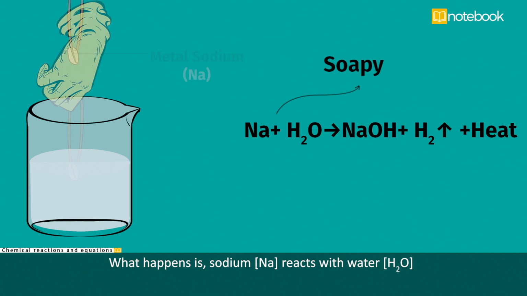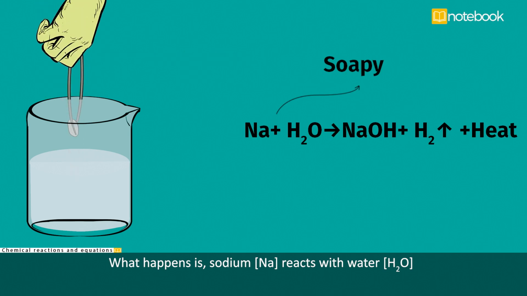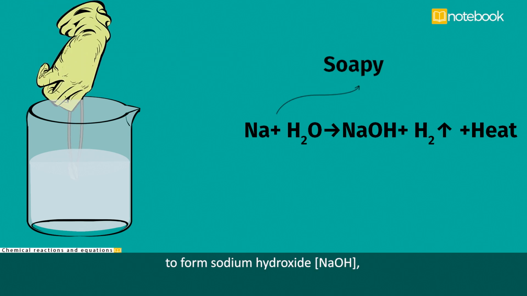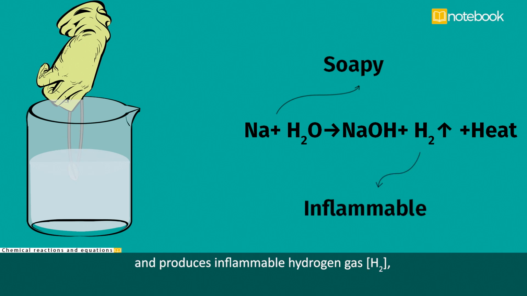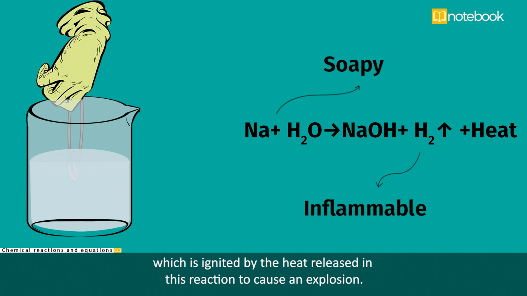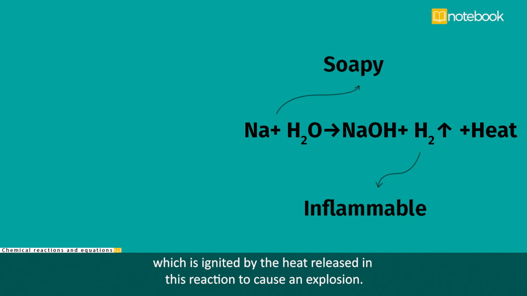What happens is sodium, Na, reacts with water, H2O, to form sodium hydroxide, NaOH, and produces inflammable hydrogen gas, H2, which is ignited by the heat released in this reaction to cause an explosion.